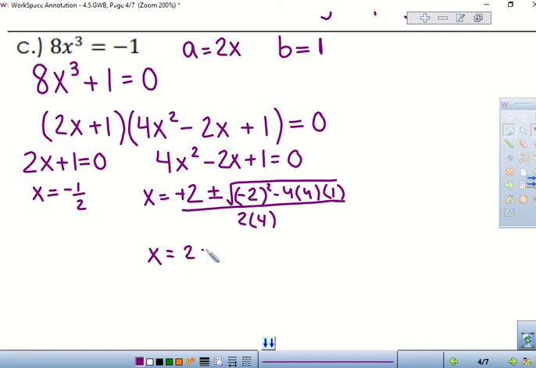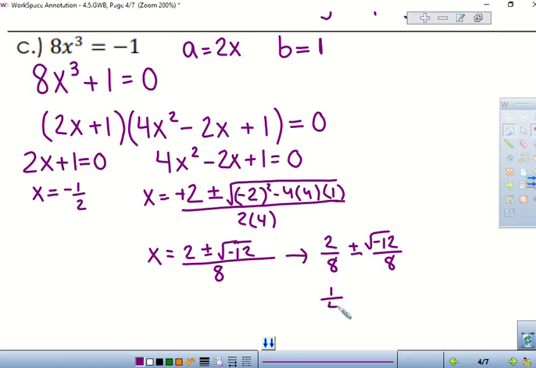That's going to be x equals 2 plus or minus negative radical 12 all over 8. So remember, you split this up into the 2. You guys remember this? Yeah. And then this right here is going to simplify to become 1/4.